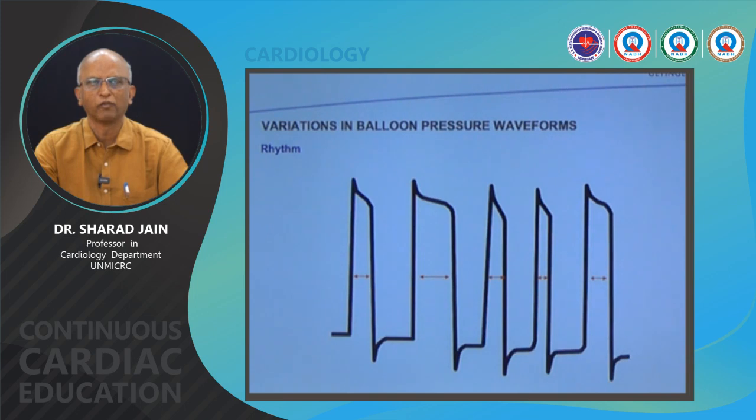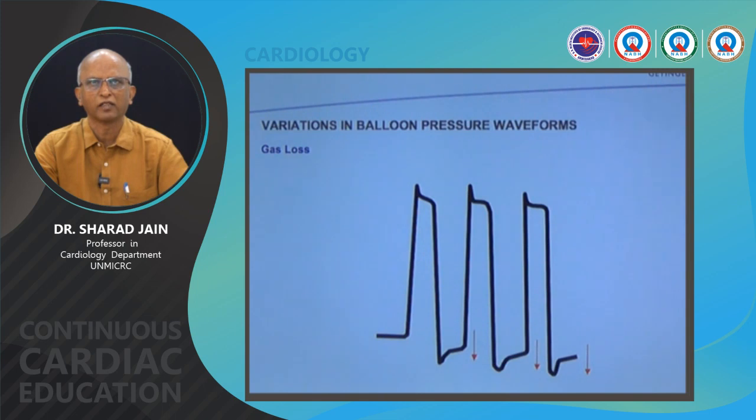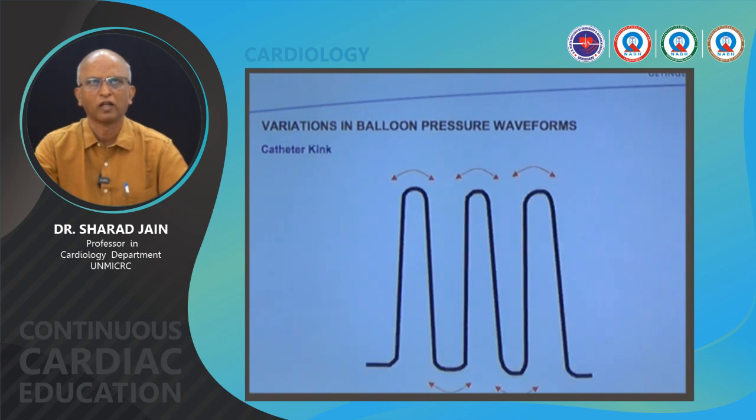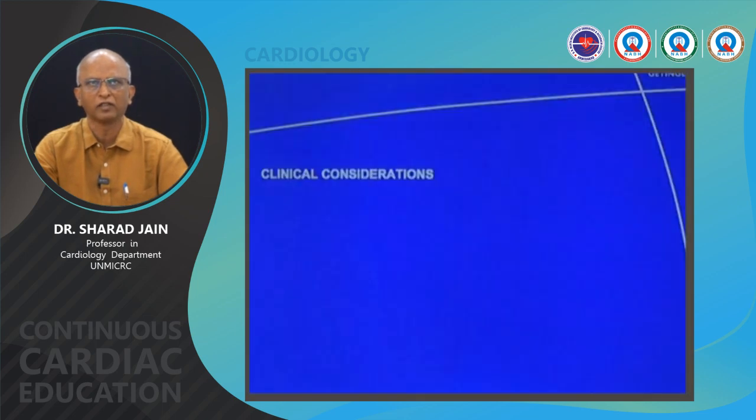And based on the rhythm, there may be variation in the IABP inflation and waveform. Same with hypertension and hypotension. And if there is a gas loss, there will be a gradual decrease in the IABP pressure waveform. And if there is a kink in the catheter, these peaks and overshoots will all go, and the tracing will be like this. And if there is sustained inflation, it will be seen like this.